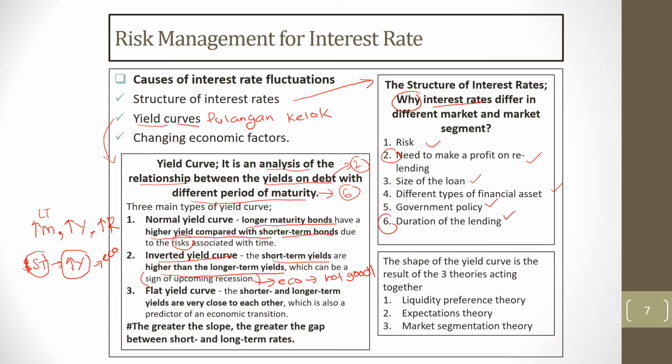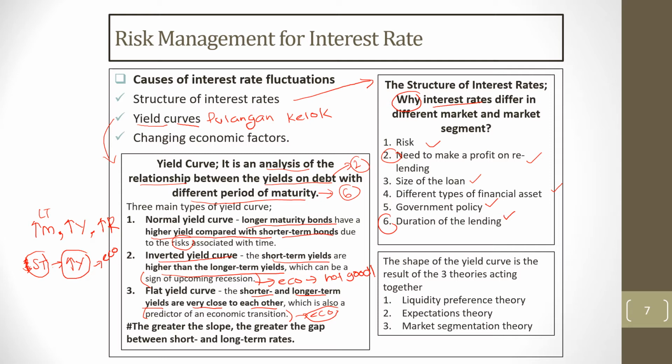For flat yield curve, the shorter and longer term yield are very close to each other, which is also a predictor of an economic transition. So ini juga relate with the economy. So maksud dia perubahan ekonomi yang menyebabkan kalau nanti kita akan go through on the curve macam mana.